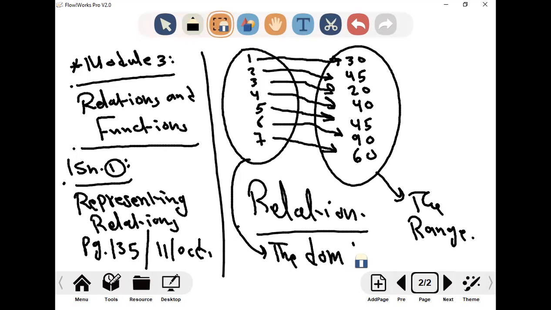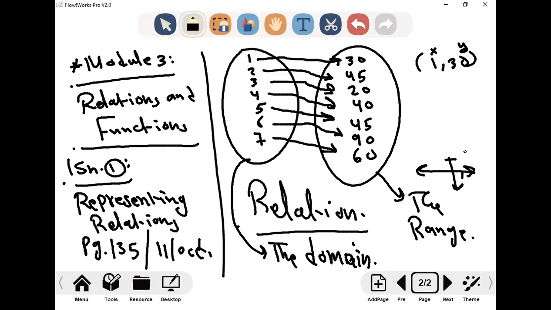A relation is a set of ordered pairs. The set of the first numbers of the ordered pairs is the domain. Remember the ordered pairs when we put them on the coordinate plane? We have brackets with x, y, right? We call the first x and this one y, always. And we know how to plot these numbers on the coordinate plane: we go to 1, go up to the positive point.